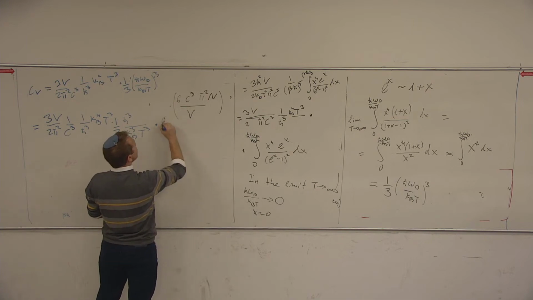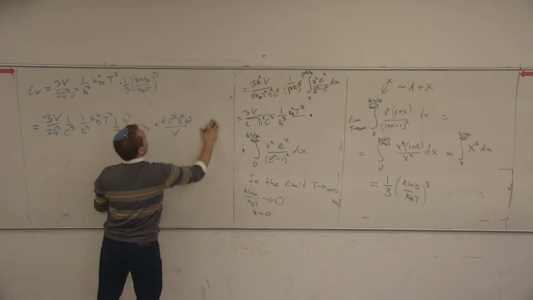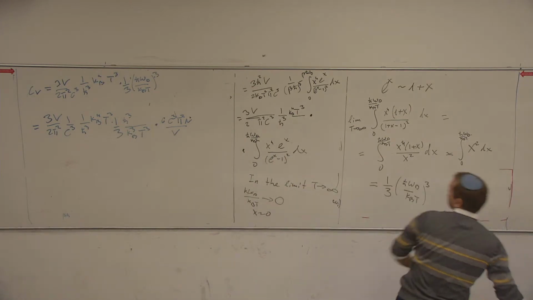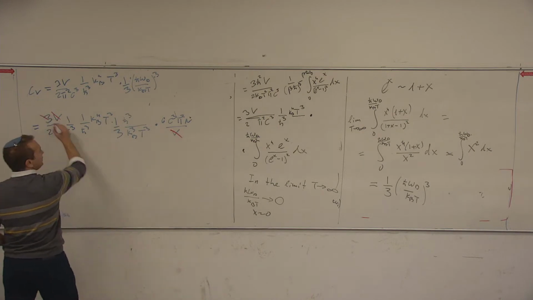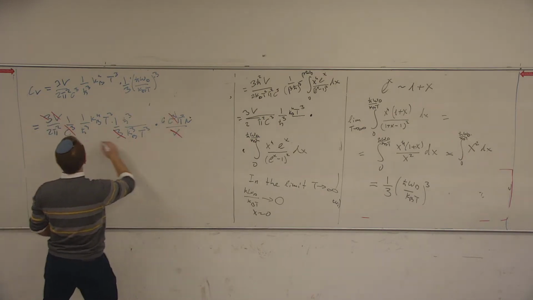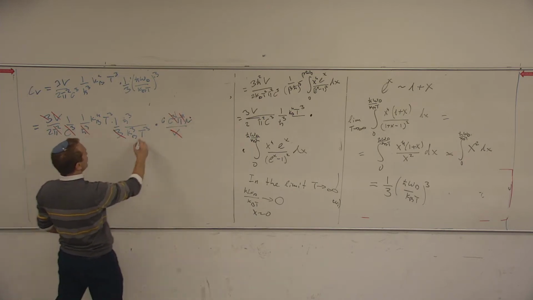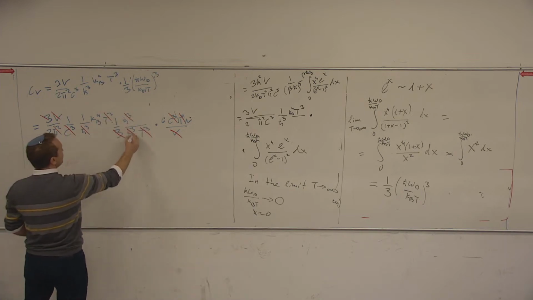Let's write it down: 6 c to the third pi squared divided by V. Okay, let's start and kill all the terms. V and V. 3 and 3. c to the third, c to the third. t, pi squared, pi squared. h to the third, h to the third. t to the third, k Boltzmann to the third.